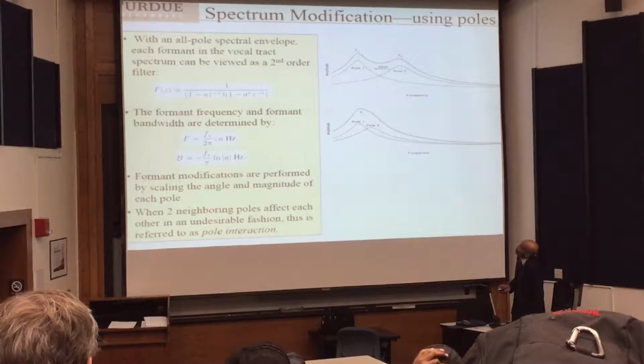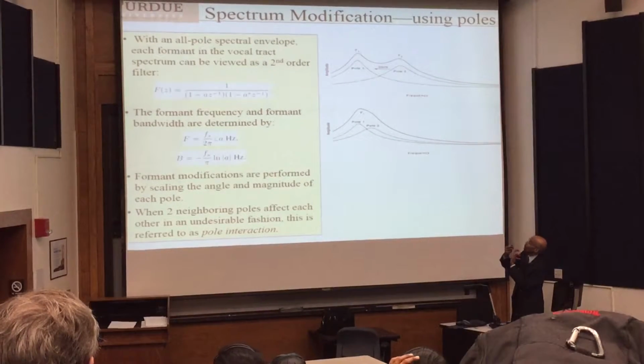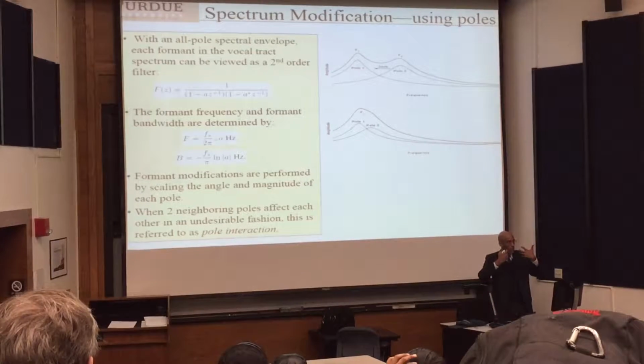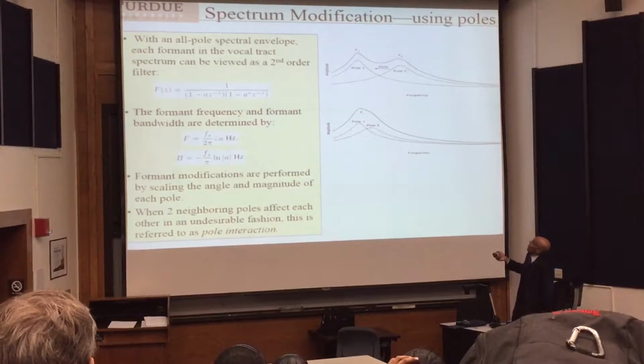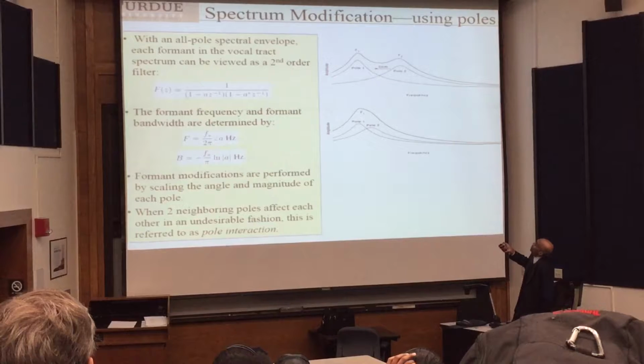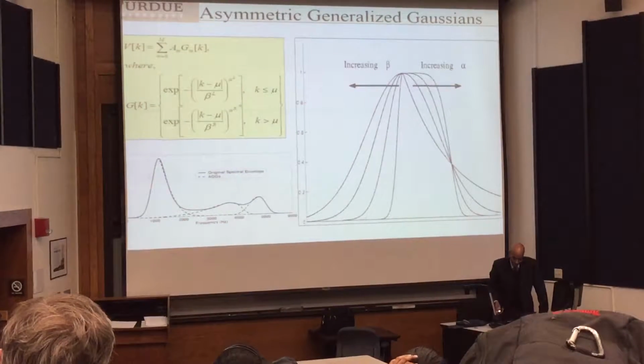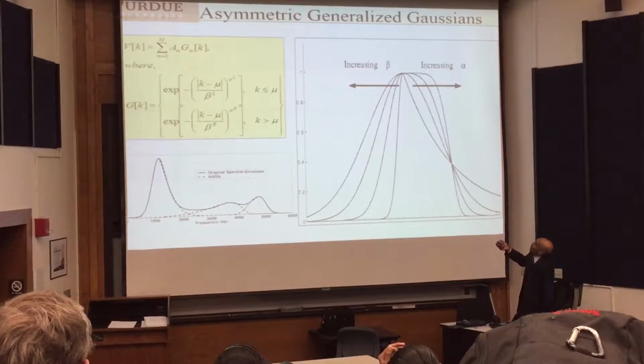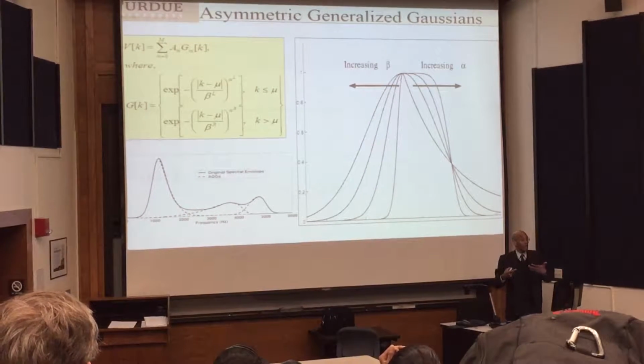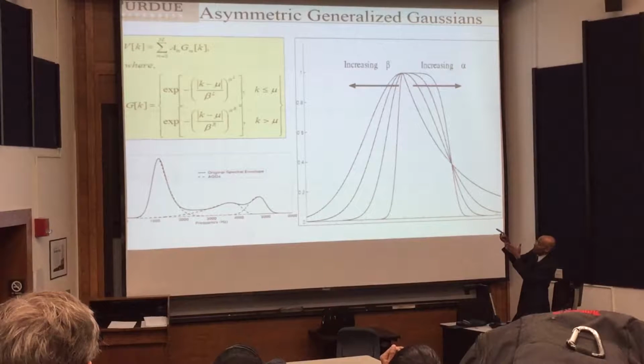The other thing that we do is we try to separate the formants, and we use a model to do that. So that when we do the spectral modification, we actually use a generalized weighted sum of Gaussians in order to identify the formants.